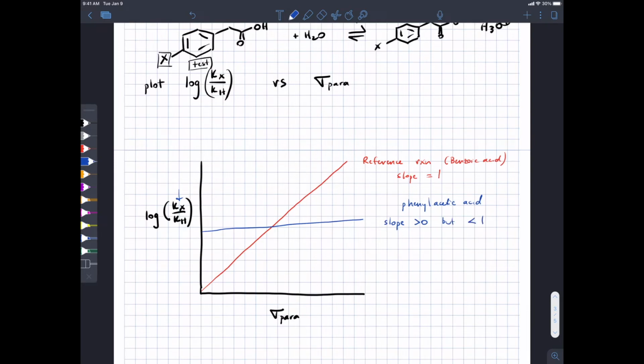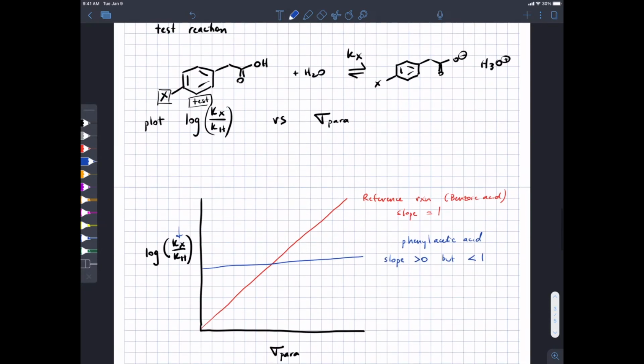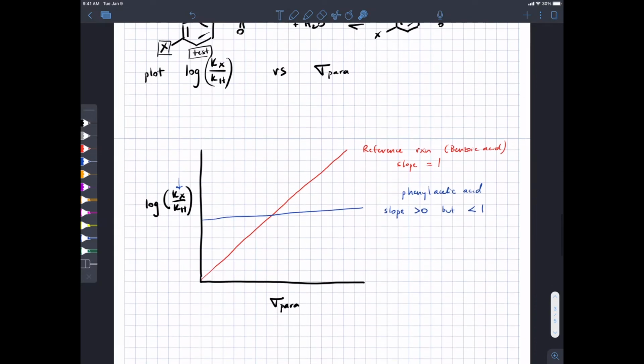All right, let's talk about what that might tell you. And let's remember that we're going to have sigma values that go from negative to positive, and in the middle is going to be sort of 0, which is where hydrogen is. Okay?